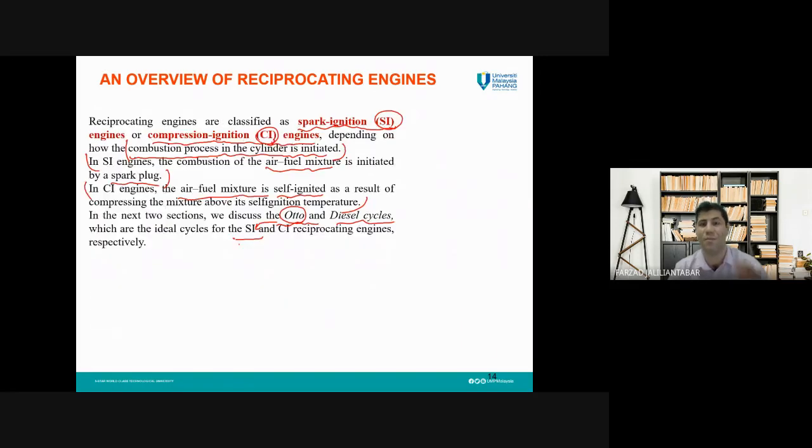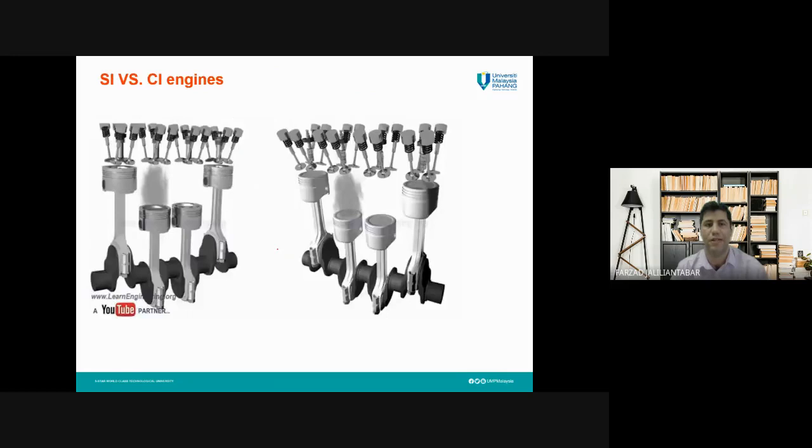We need to have some ideal cycle to evaluate this type of engine. For SI engines, we have the Otto cycle. For CI engines, we have the diesel cycle. So you can see how we have two different cycles to evaluate these types of engines. Now let's see the main difference between SI and CI engines.